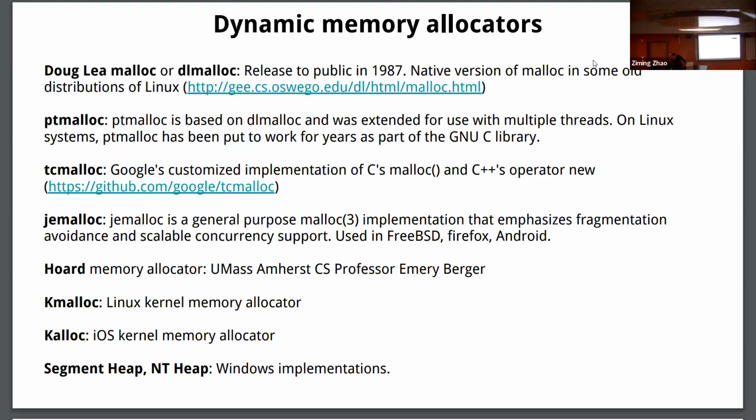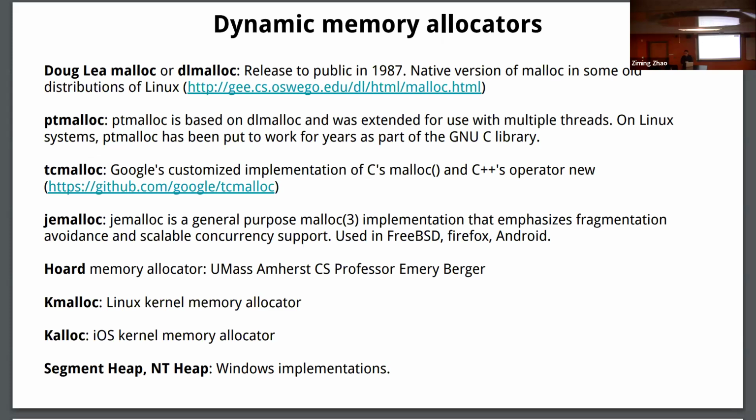So there have been many implementations of dynamic memory allocators. The idea of malloc, free, those interfaces, were probably proposed in the 70s. If you Google this, you can find that in the 70s, people were already proposing that.